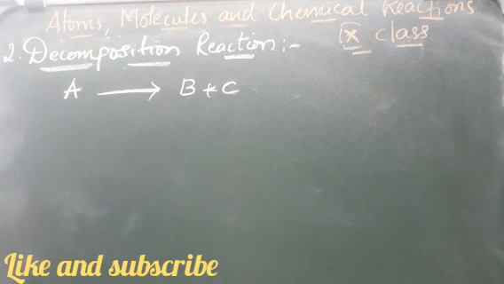A compound splits into two or more substances. When one compound A goes through a reaction and splits into two or more substances, resulting in two or more products, that is called a decomposition reaction.